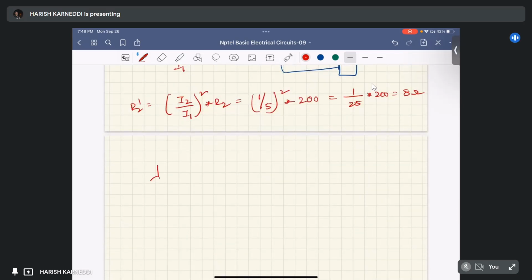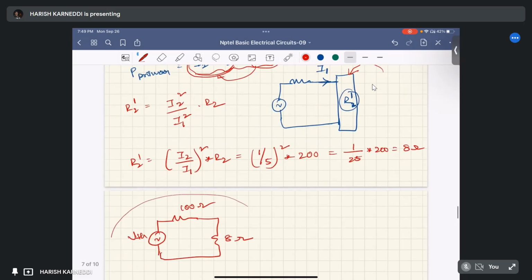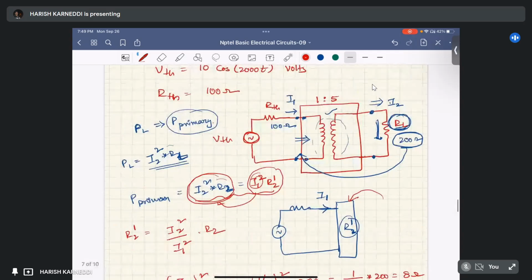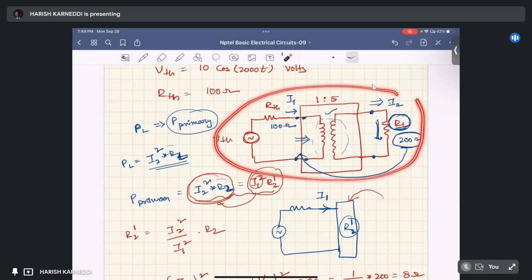It means the circuit, which is VTH, RTH, and 8 ohm, 100 ohm, and VTH, is the same equivalent of this particular circuit.